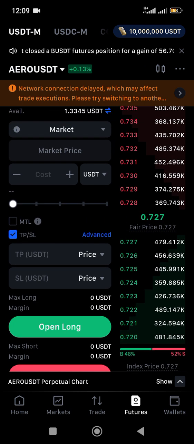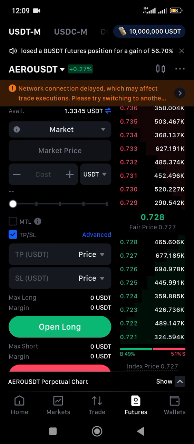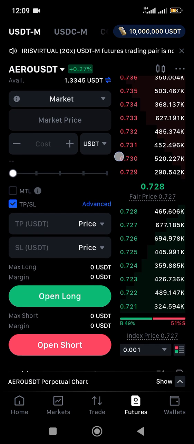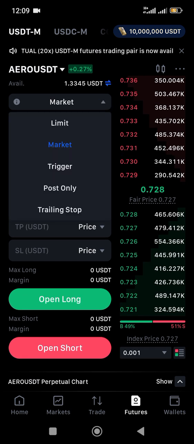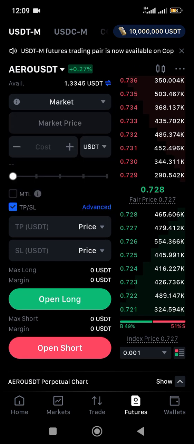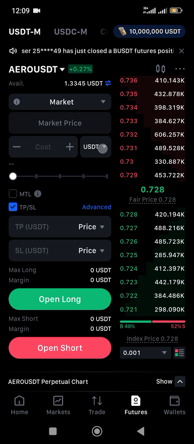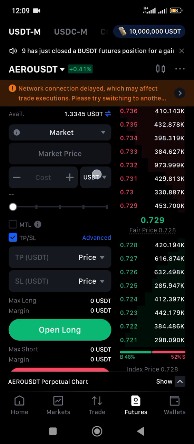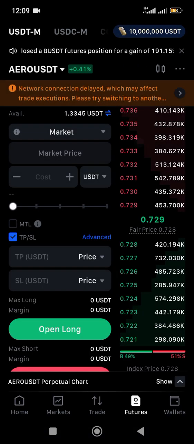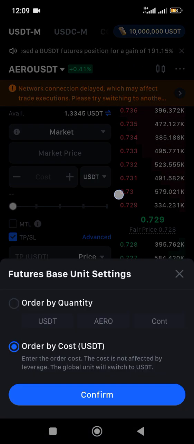All right, so the next thing you want to do is, let's assume I'm taking a market order, put in your cost. You can choose to put your cost in USDT. You can change it if you want to.